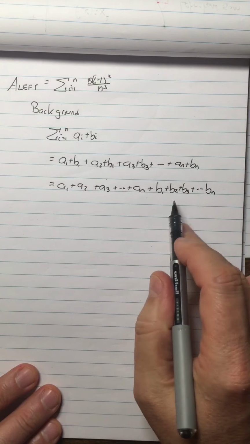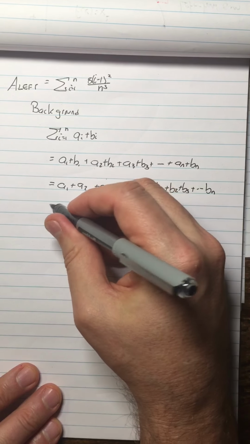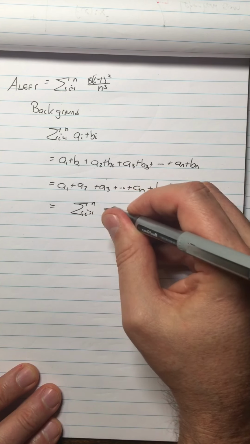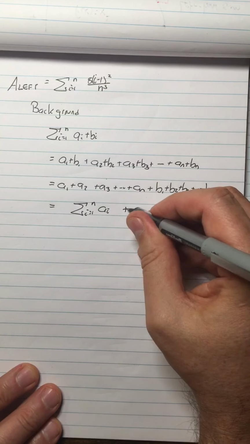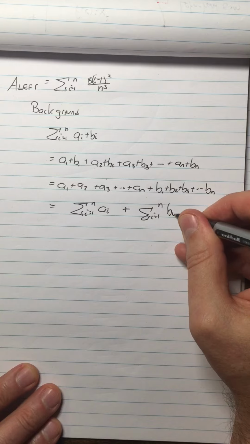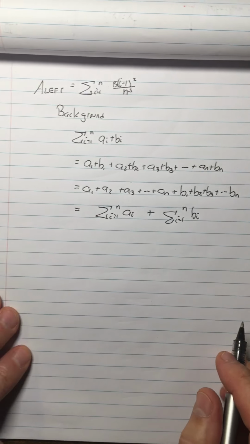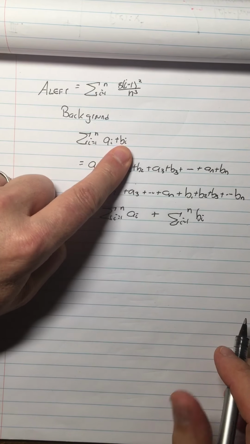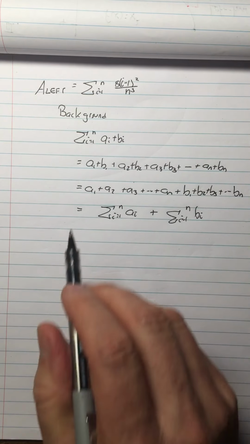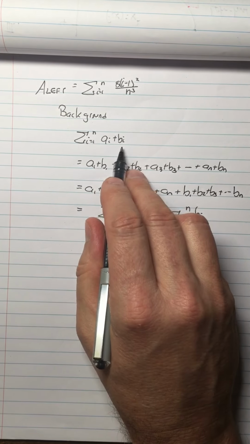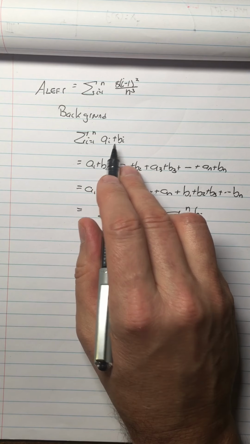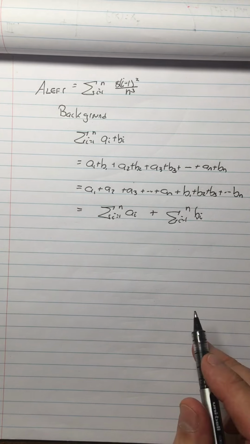All right, so all I've done is regroup the a's and the b's, and this is what we call the sum from i equals 1 to n of a sub i, and this is the sum from i equals 1 to n of b sub i. So all that is to say that if I have a sum of sums, I can split that sum over the sum. And then by extension over the difference, since a minus b sub i would be a plus negative b sub i, so you can do the same thing.